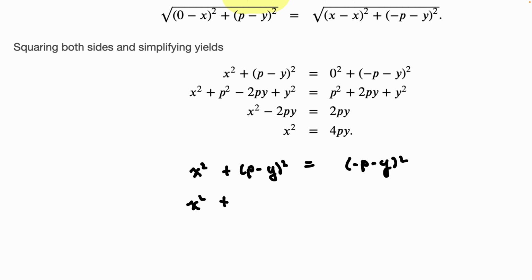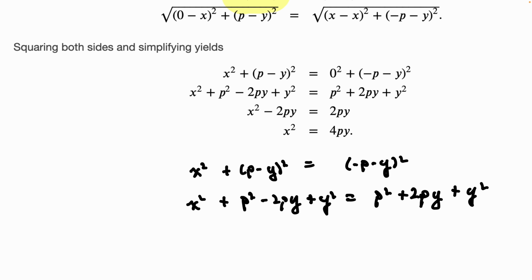Copy the x squared, p squared minus 2py plus y squared must equal. Expand on the right-hand side, negative p times negative p is p squared. Negative p times negative y is positive py. Get that twice. 2py and then plus y squared.